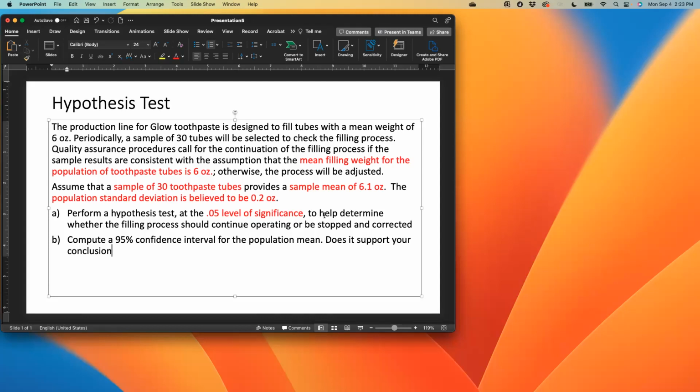And then they should correct the filling process or whatever operations they have to go through to fill each of those tubes. They have to correct the process to make sure that they are meeting that mean filling weight of 6 ounces and it's not going above the 6 ounces. So that's basically how you will provide your recommendation to the company.